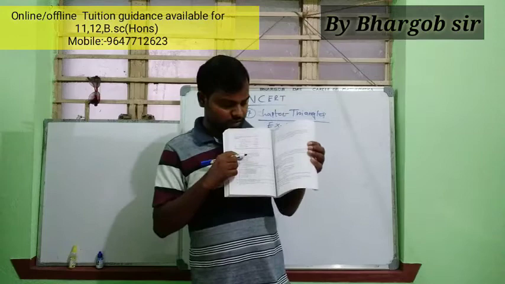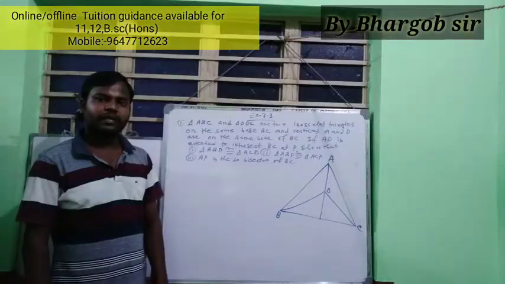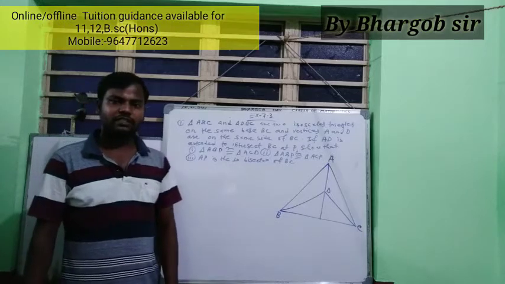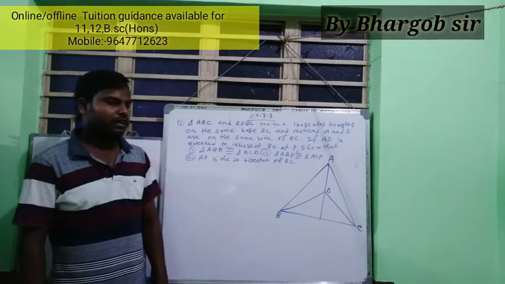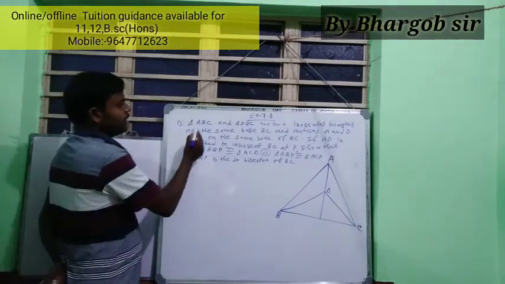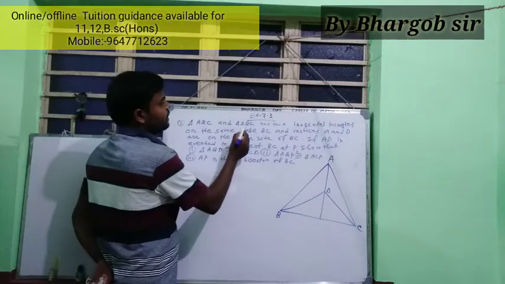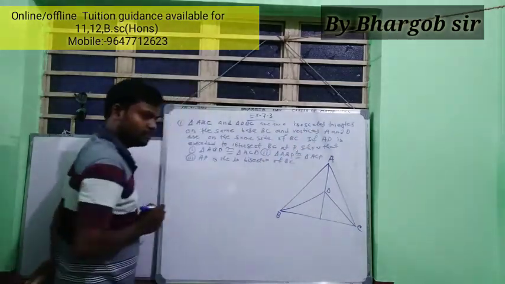We have to solve the first problem of exercise 7.3. What is the problem? Now we read. Triangle ABC and DBC are two isosceles triangles.